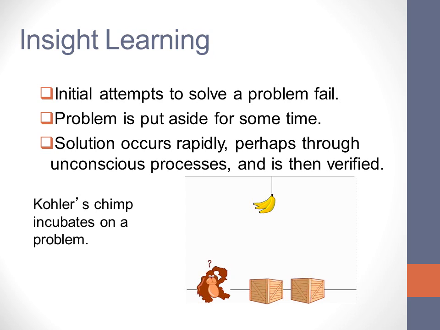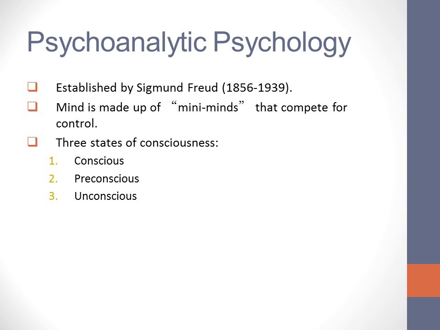The behaviorists always thought that behaviors had to be slowly reinforced and built up. And so Kohler stumbled upon something that he called insight learning, and this is the kind of thing that requires that we think about what's going on in the mind. So even though it's been somewhat controversial, it at least points us in the correct direction of figuring out what the mind is, what's going on inside the black box.